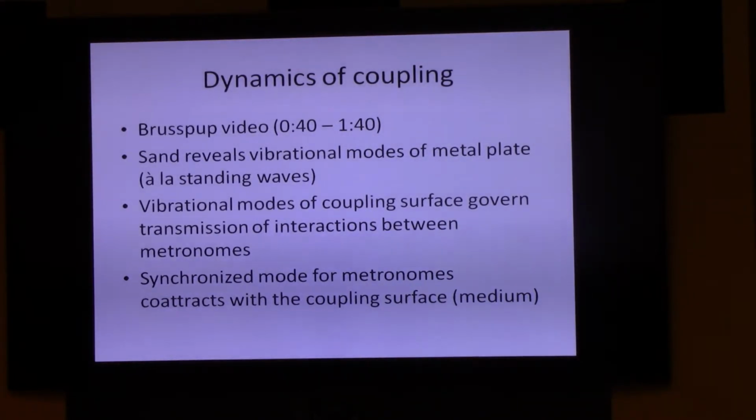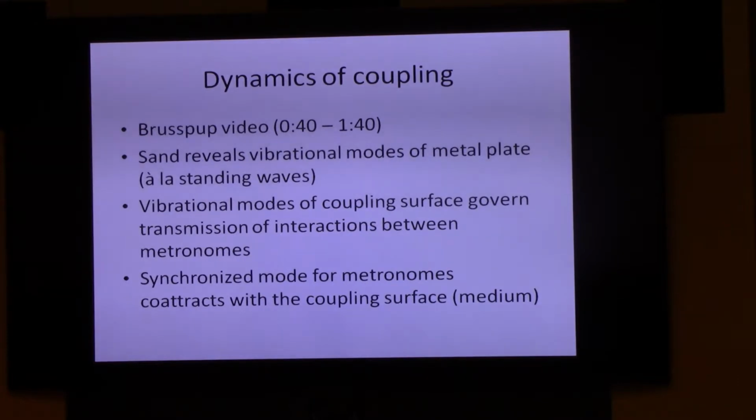So in other words, the dynamical system completely described would include state variables that describe the physical wave that's in the coupling surface, as well as the phase of the metronomes, and that there's an attractor or a preferred and stable, quasi-stable state in the plate that evolves at the same time that the synchronized state does. So that's a claim that underlies some of the things that I'm going to say moving forward.